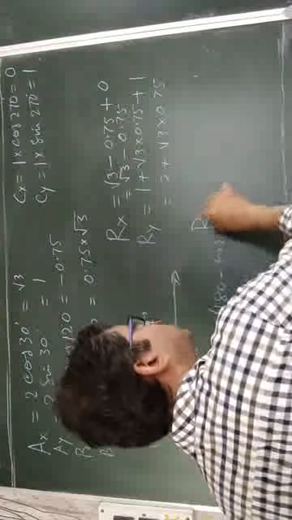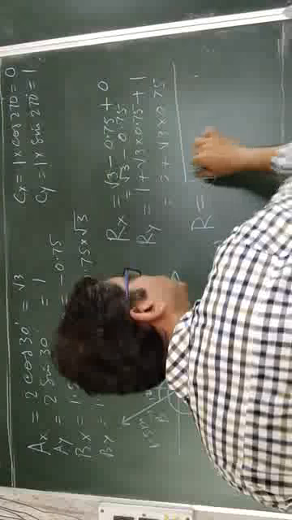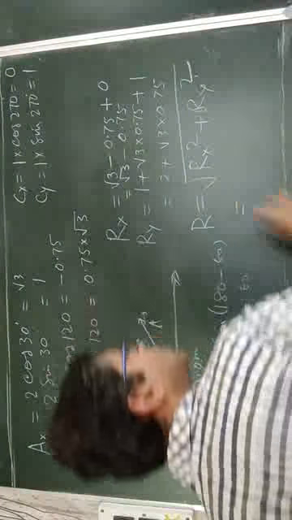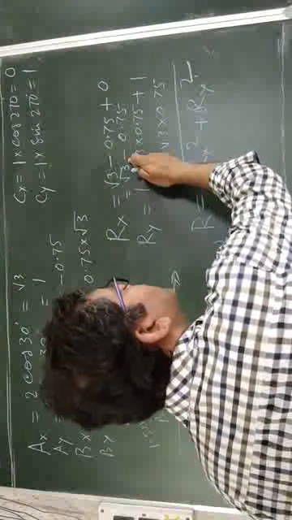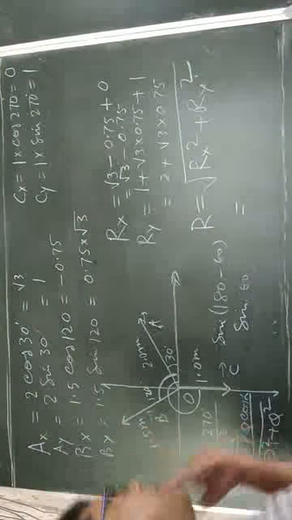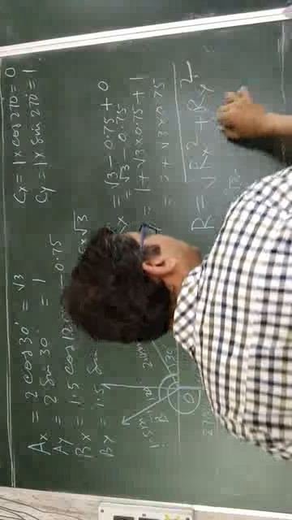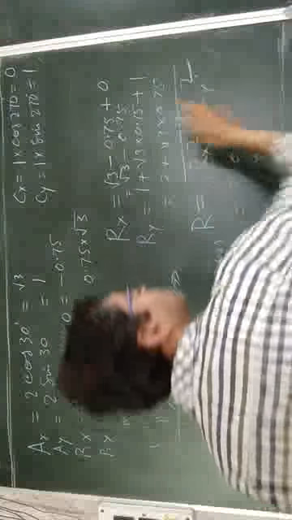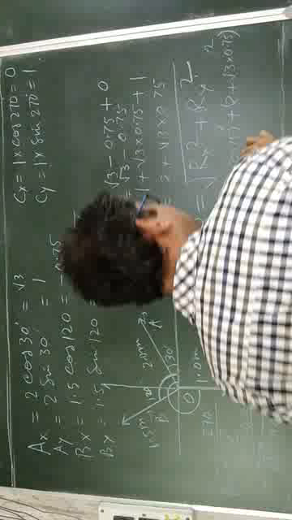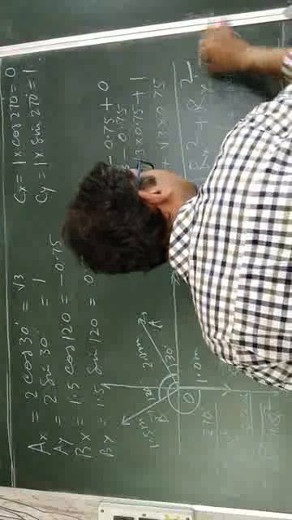So R is equal to under root Rx square plus Ry square. That means this square you can break it into this square plus this square plus 2 into this into this, under root.